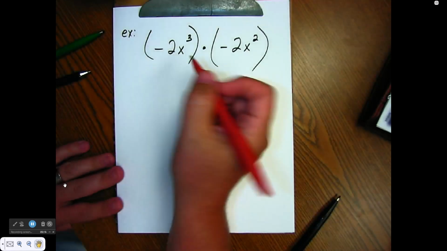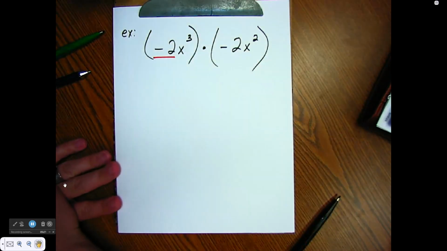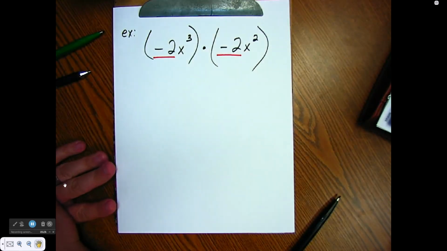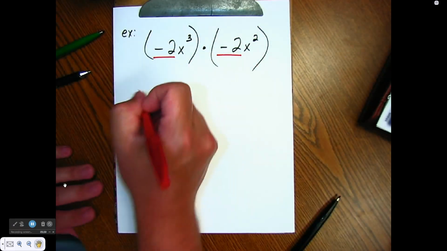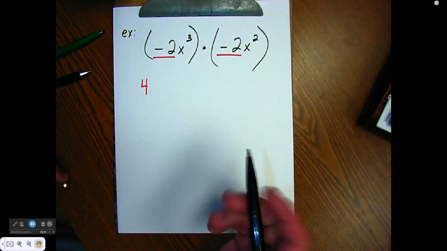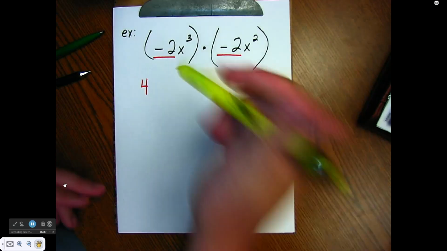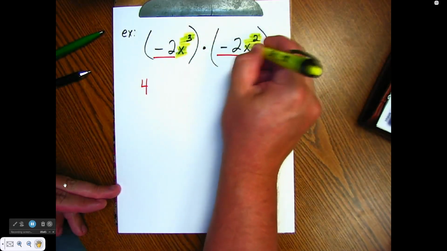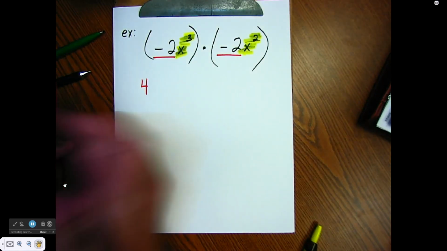So when I multiply this out, we have this negative 2, called a coefficient, times negative 2. Let's go ahead and take care of that. That's just straight up multiplication. Negative 2 times negative 2 gives me a positive 4. A negative times a negative is a positive. Next, we're talking about the product rule. So I have x to the third times an x squared.